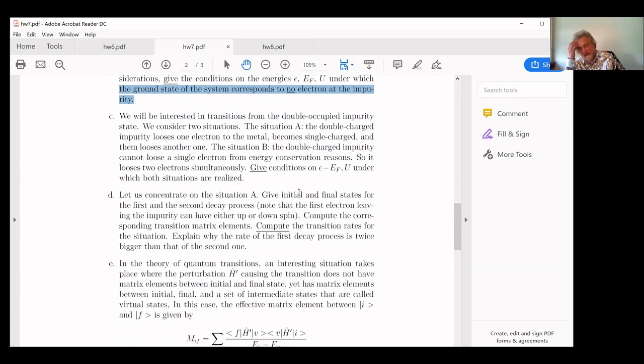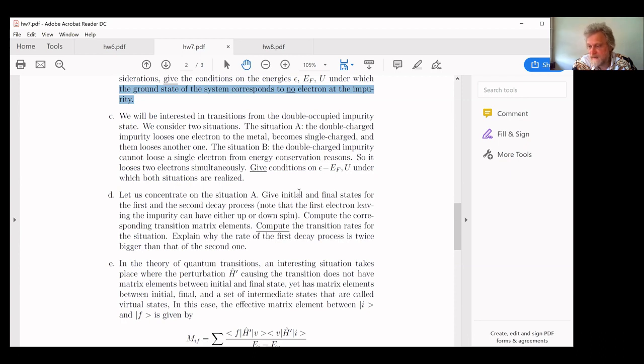Right. Then we are coming to the main question. We consider the transitions from a certain state, which is a doubly occupied impurity state. And there are two situations. Situation A, in this case, the impurity will lose electrons one by one.